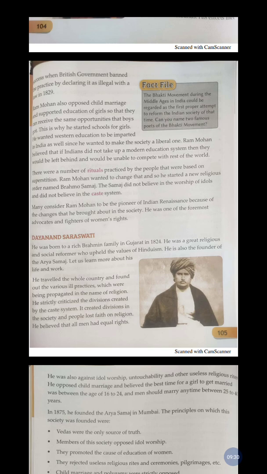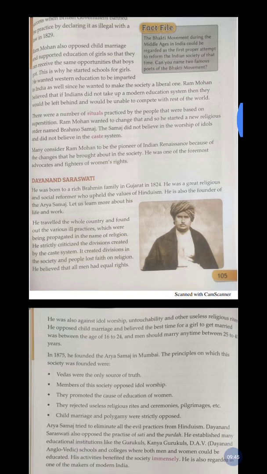So students, Raja Ram Mohan Roy established Brahmo Samaj, whereas Dayanand Saraswati is the founder of Arya Samaj. Now let us learn more about his life and work.